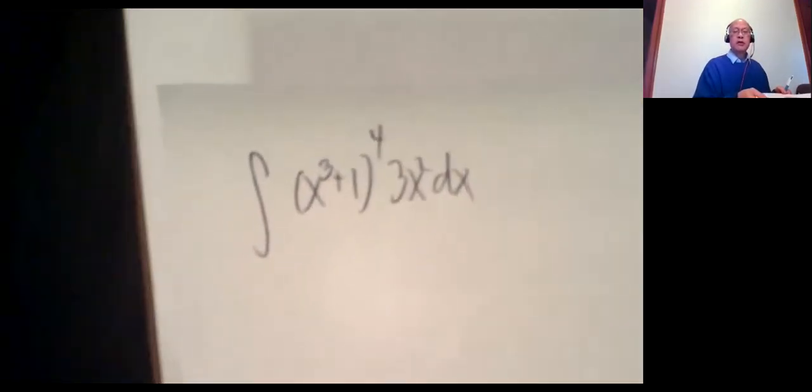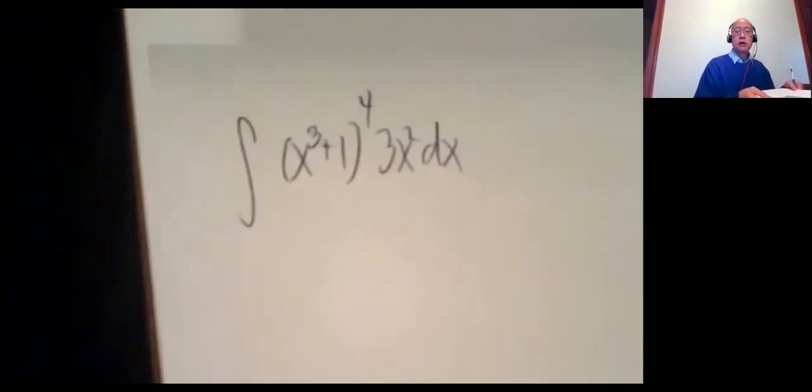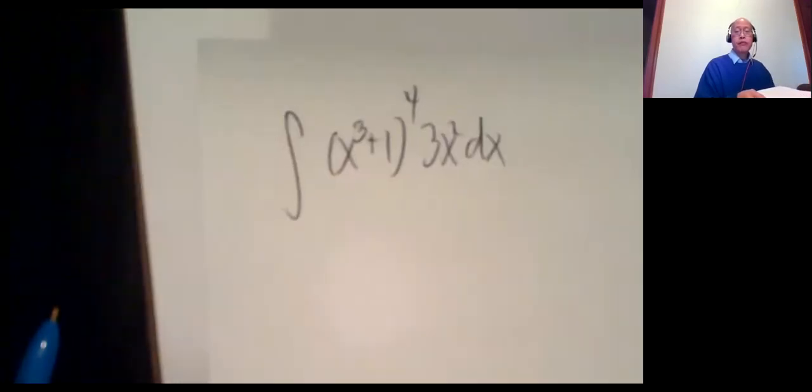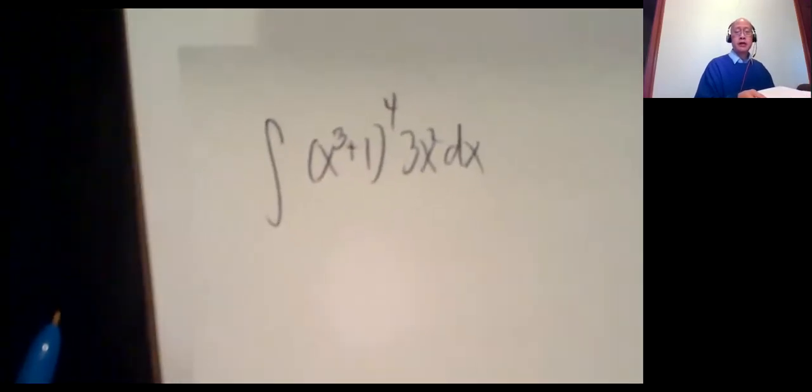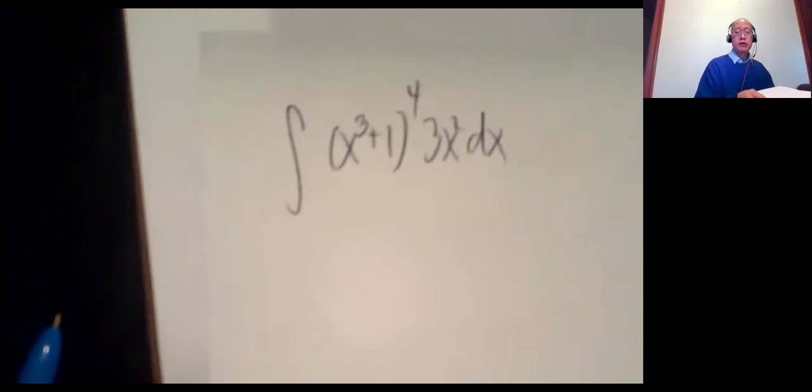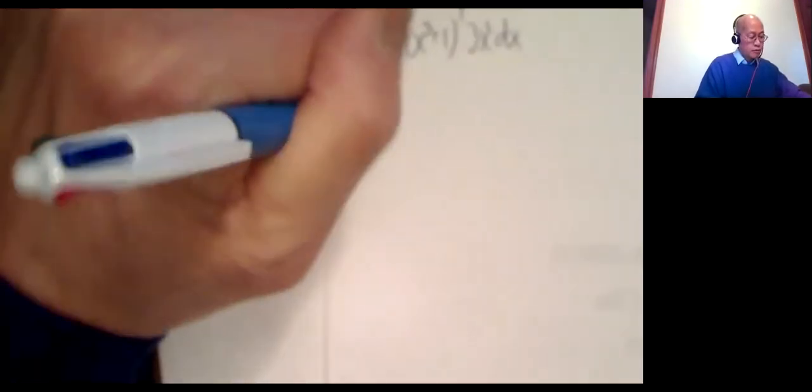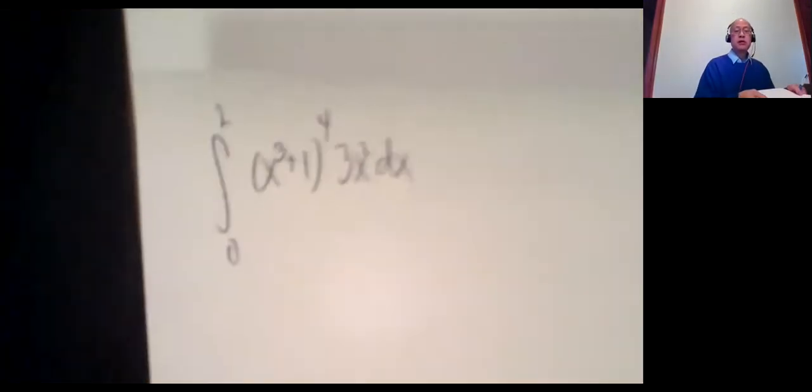Integral of x cubed plus 1 to the 4th power times 3x squared dx, from 0 to 2.